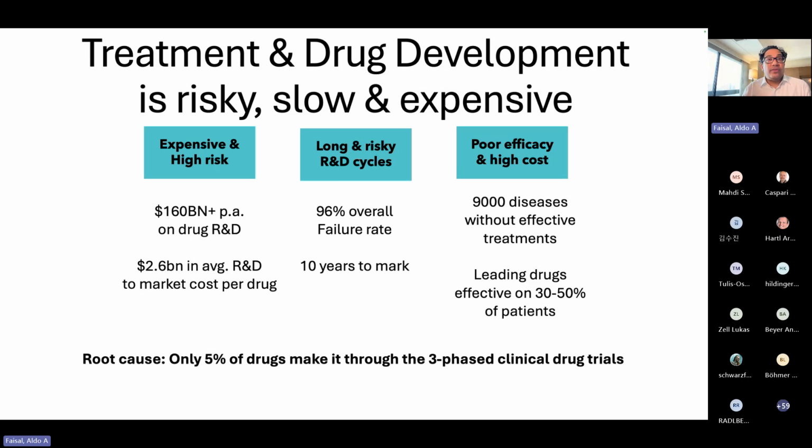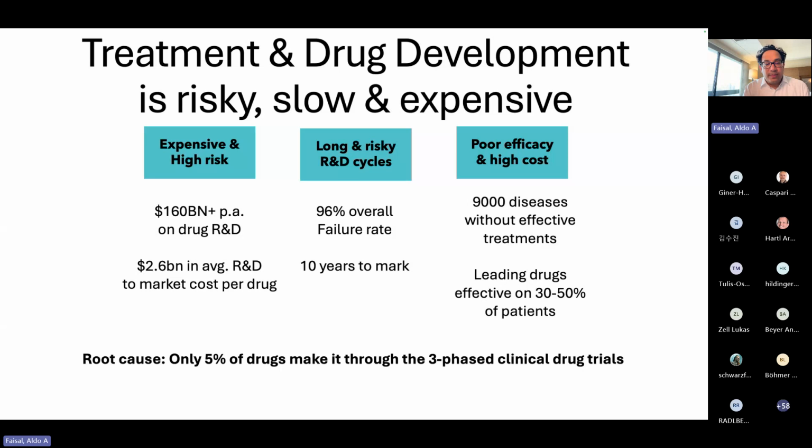We have an overall failure rate of 95%. So only 1 in 20 molecules make it through to treatment. And we have very poor efficacy. So we have leading drugs that only work on 30 to 50% of patients. We have over 9,000 so-called rare diseases that have no effective treatment. And that makes drug development very risky, slow, and expensive.